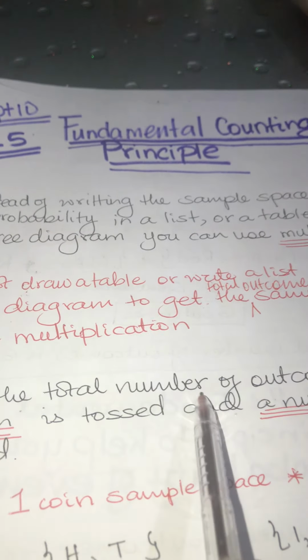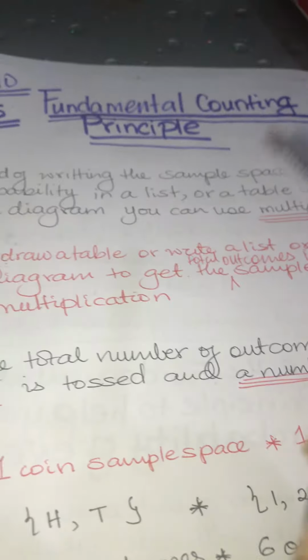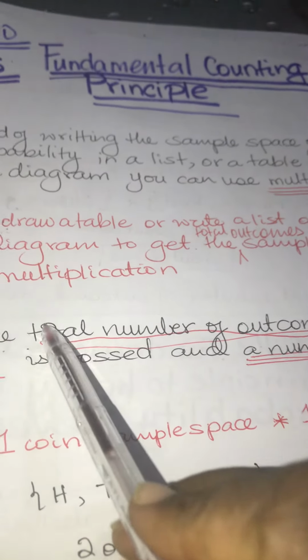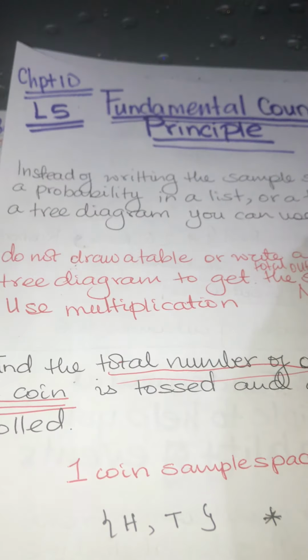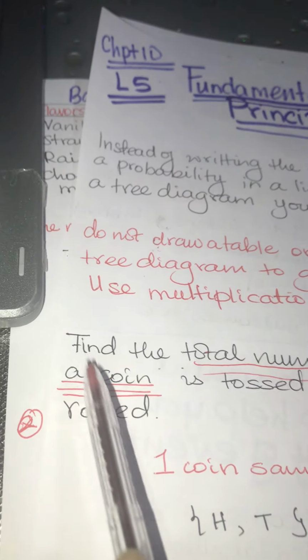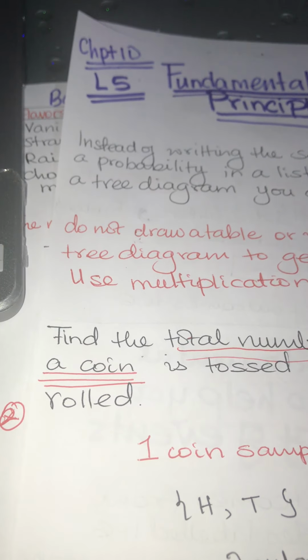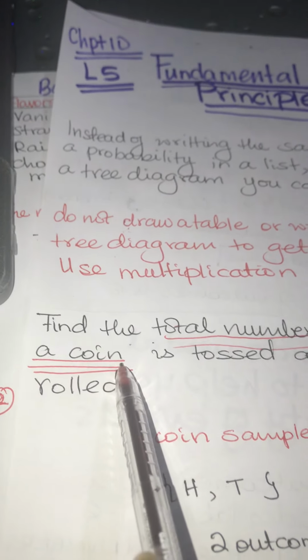Find the total number of outcomes. That's what the question wants. When you see this question, you will use the fundamental counting principle. So find the total number of outcomes when a coin means one coin. It didn't say coins with an S, it said a coin.